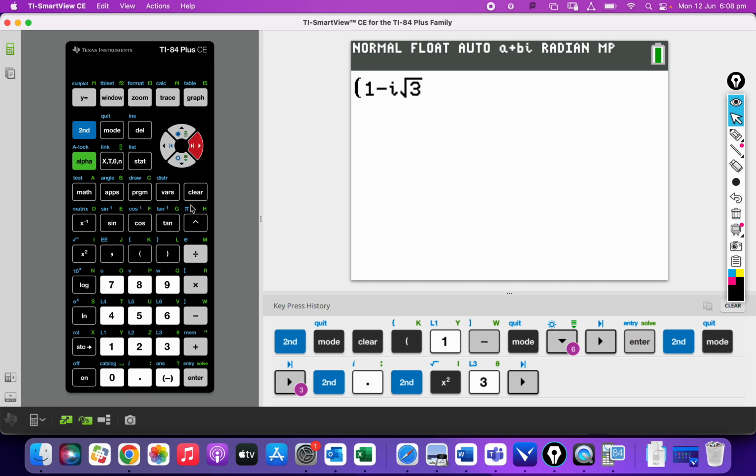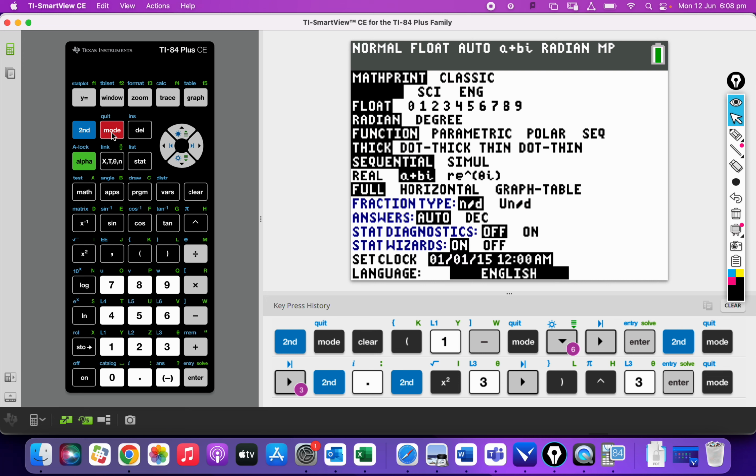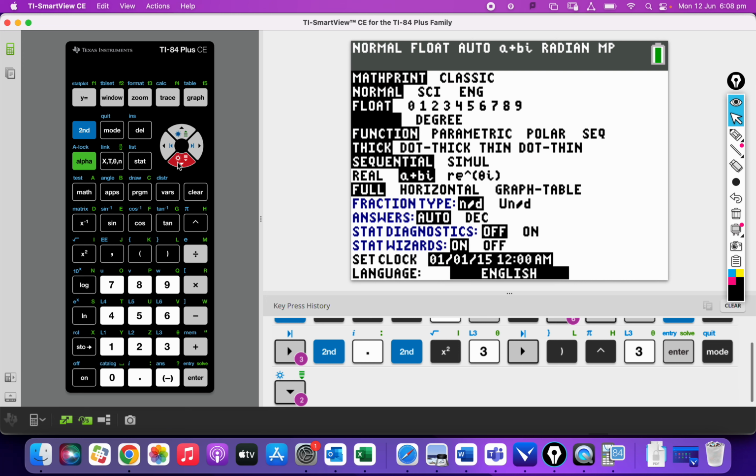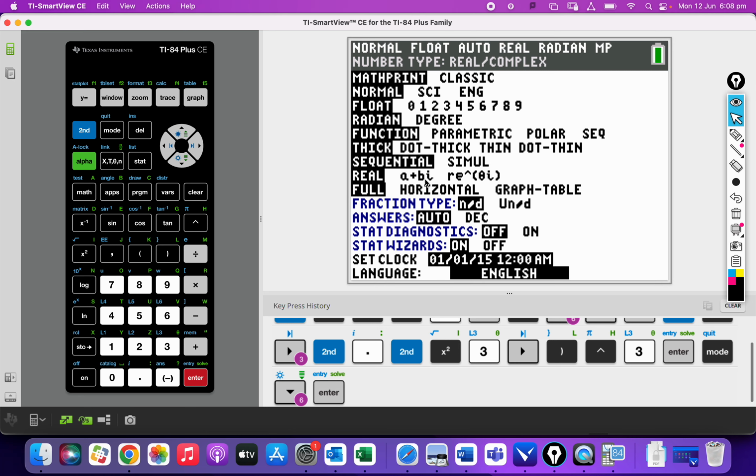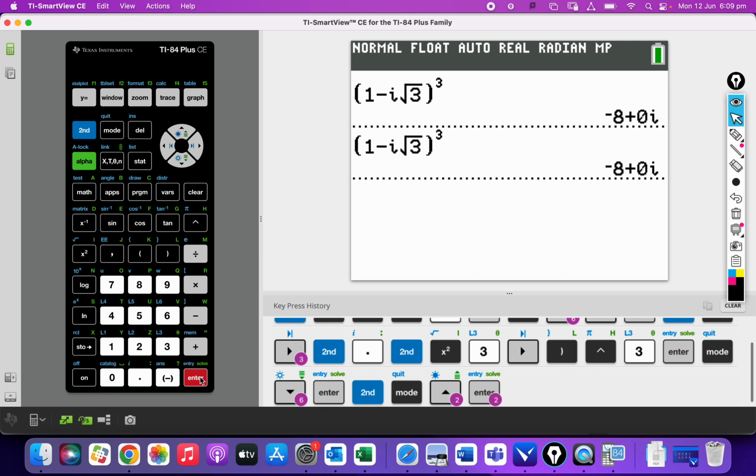We're going to cube it, and we're going to get -8 plus 0i. Anyway, I think for this section, just set your calculator to this a plus bi. Did the same thing.